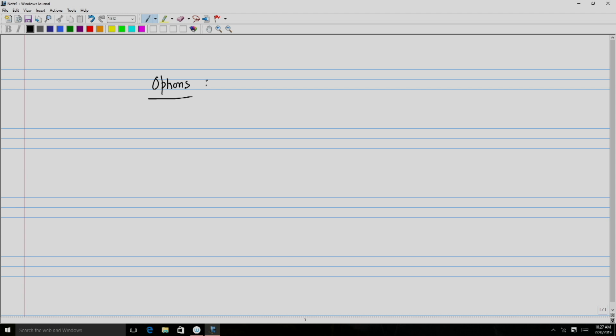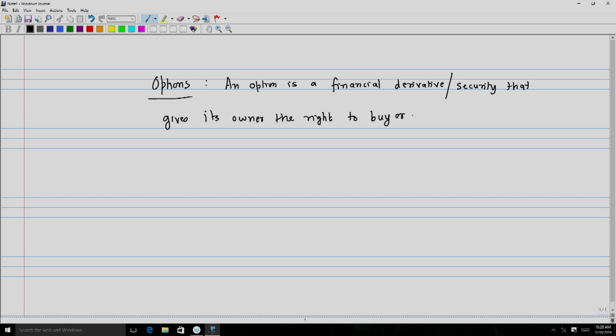So, let us begin with the definition of an option. An option is a financial derivative or security that gives its owner the right to buy or sell another security, which we will refer to as the underlying.